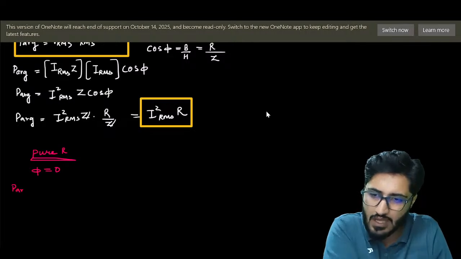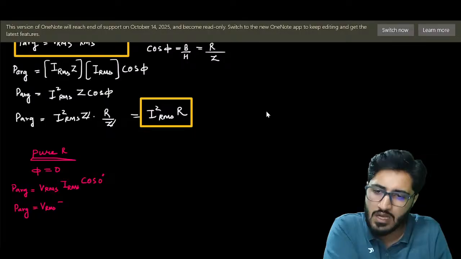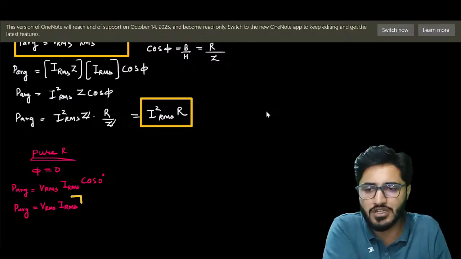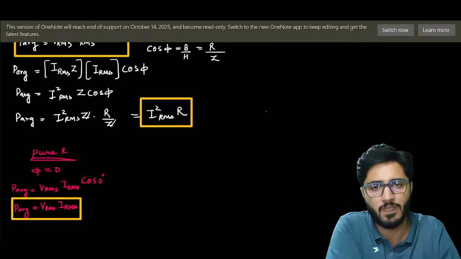P average equals VRMS, IRMS into cos phi. I will write cos 0 degree. So P average equals VRMS IRMS, and cos 0 is 1. So this is my power consumption by your resistor only.